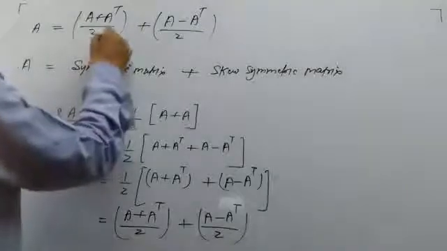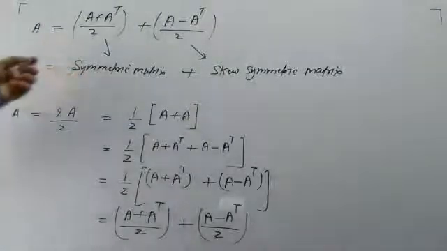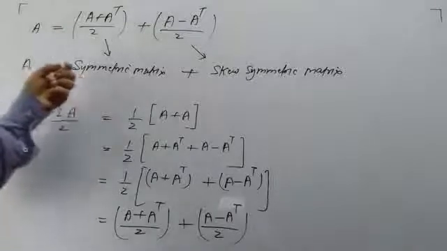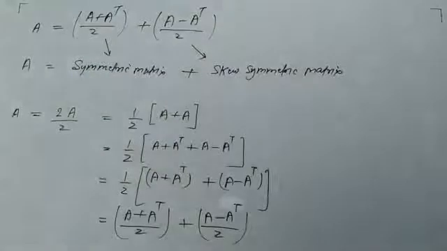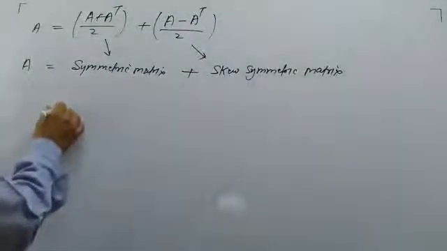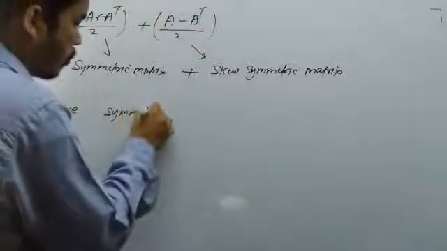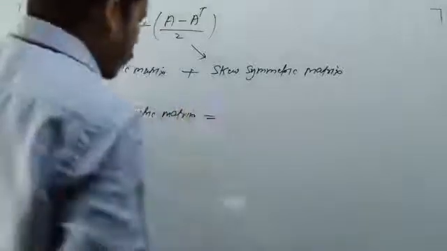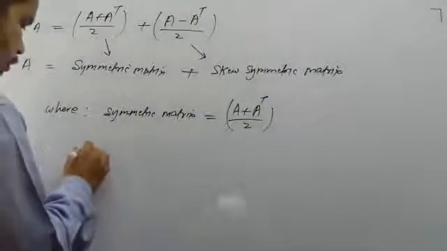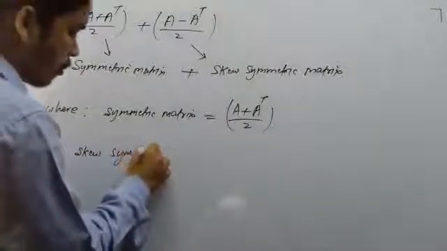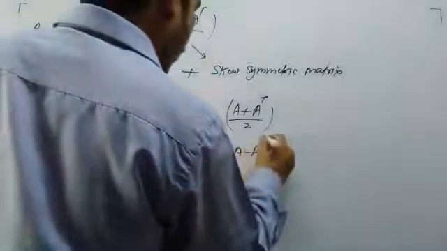So any square matrix can be expressed as a symmetric and skew symmetric matrix, where the symmetric matrix is A plus AT by 2 and the skew symmetric matrix is A minus AT by 2.